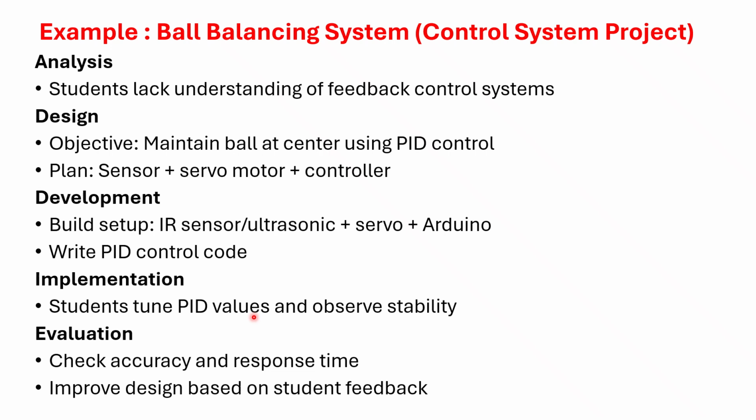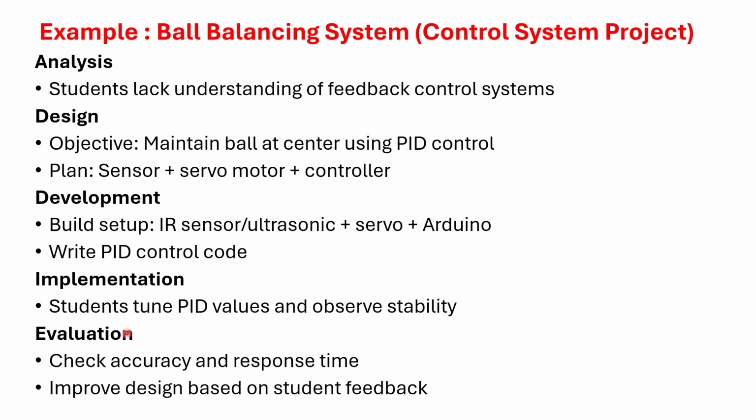So all those things they can observe by changing the PID gain values. In order to bring the system stability, which means the ball has to come to the center position, they have to give optimum proportional, integral, and derivative gain values to the PID controller, which they need to identify based on the random process method, or they can use a structured approach.